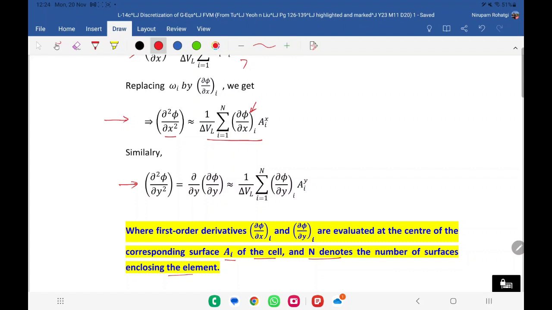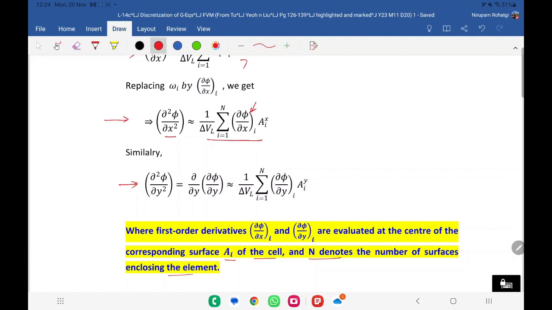Now we start another technique which is FVM, which talks in terms of volume only. And when it talks in terms of volume, we are applying the integral equation on the volume of a cell, and we are applying all those quantities: accumulation, advection, diffusion, and generation.